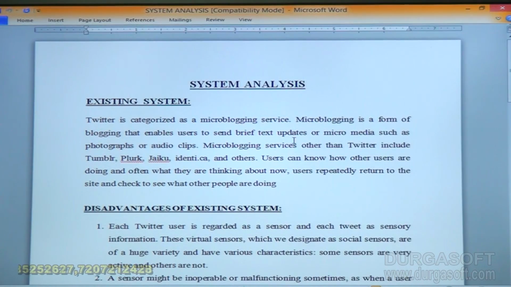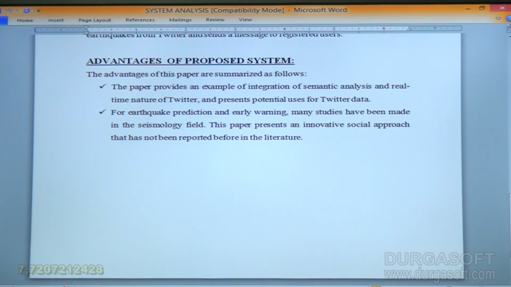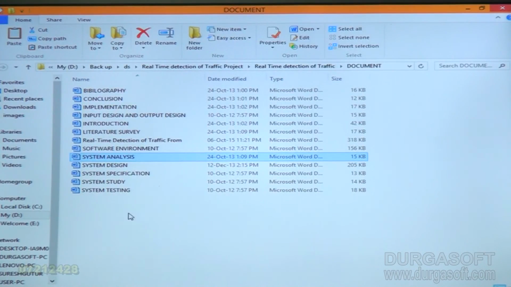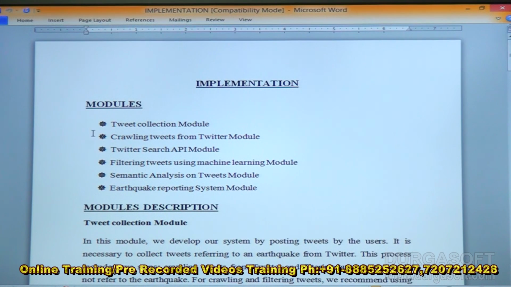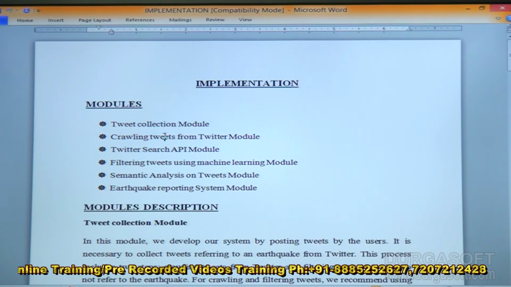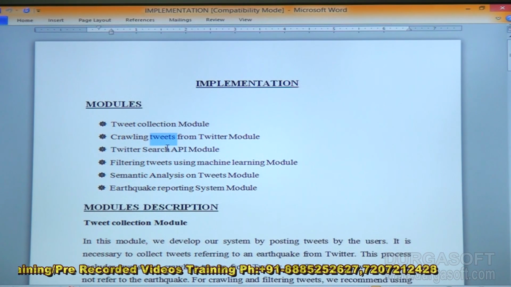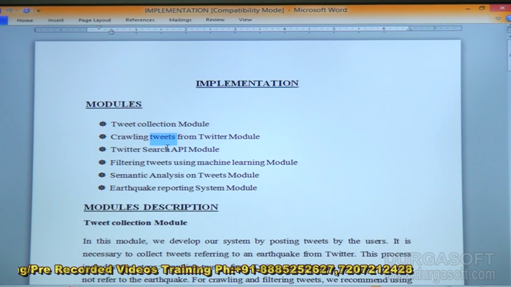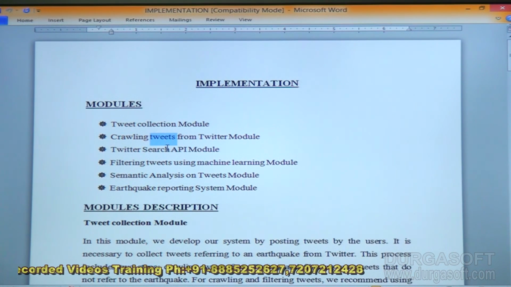We can check the system analysis. We already saw the existing system and proposed system. So what are the modules we have? A tweet collection module, crawling of tweets from Twitter module. Crawling means browsing. Crawling is also a very nice word, where I can crawl the data, crawl the website, check the entire website and get the data.